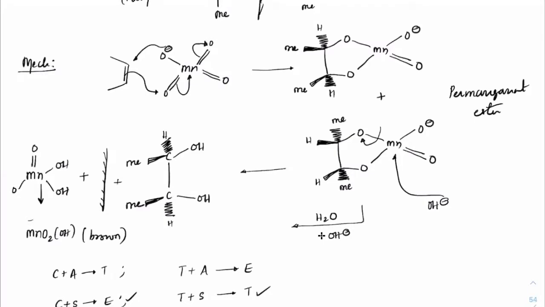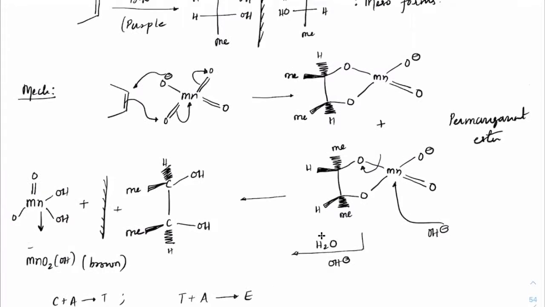See, this is the way it will get closed here. When the bonds break, first O minus is coming across this, then this O minus will break here, then the next time again OH minus is attacking here, right? So this O minus will also break. Correct.